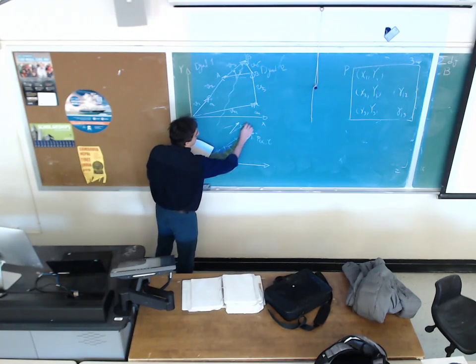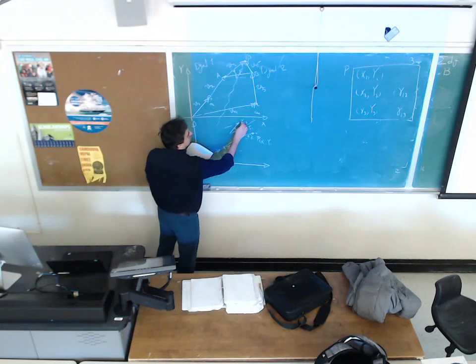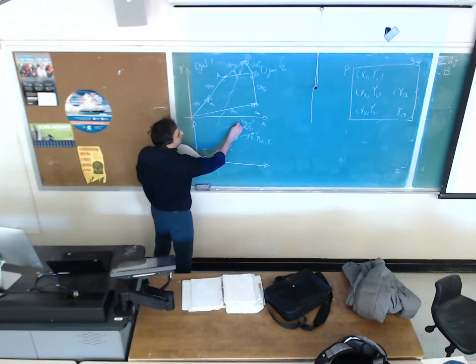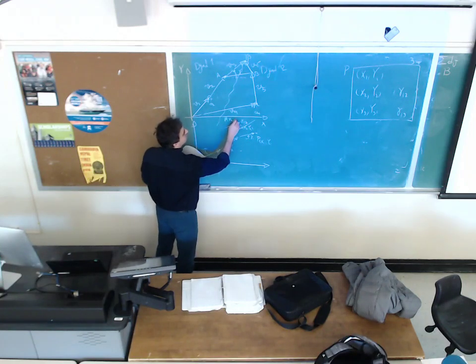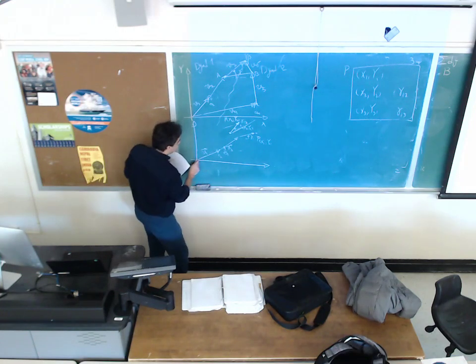If this line is parallel to this, this angle should be gamma 1,2, because you are going to rotate this rigid body by the angle of gamma 1,2, and this point should represent x2, y2. This is going to be this.